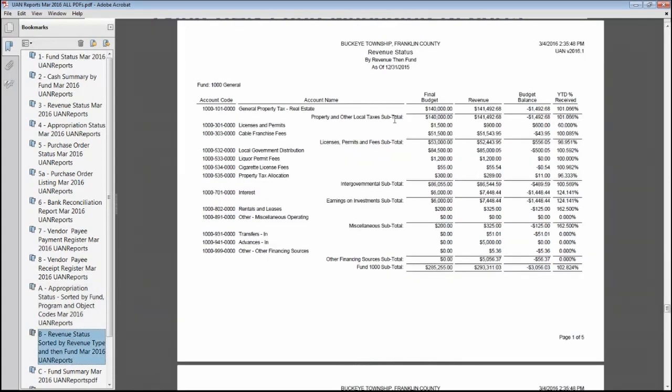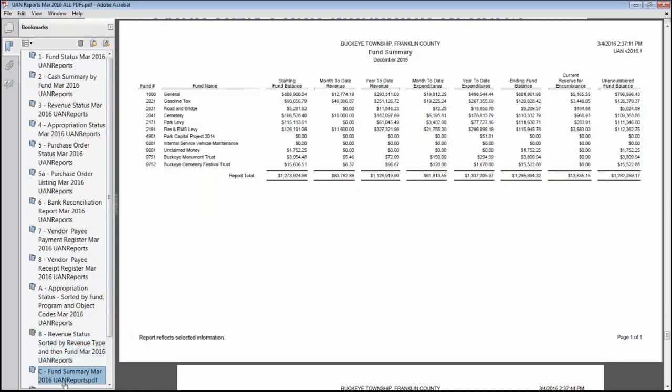Same thing regarding the revenue status report, where I would have the same groupings now within the context of what I would see reflected on the financial statements, which tie together my receipts for property and other local taxes, my receipts for license permits and fees, and intergovernmental receipts as well.